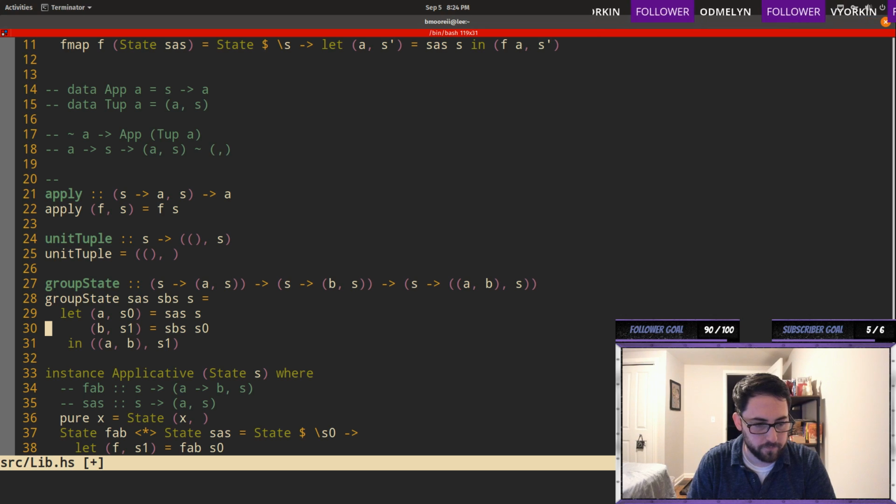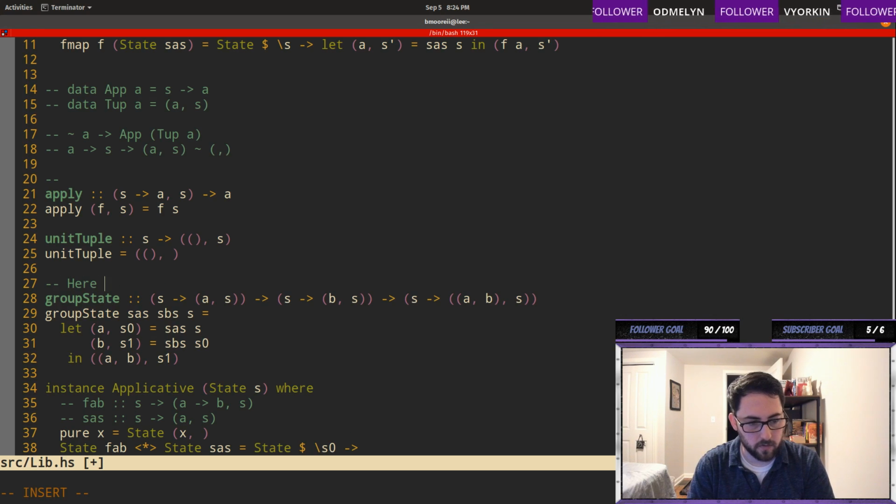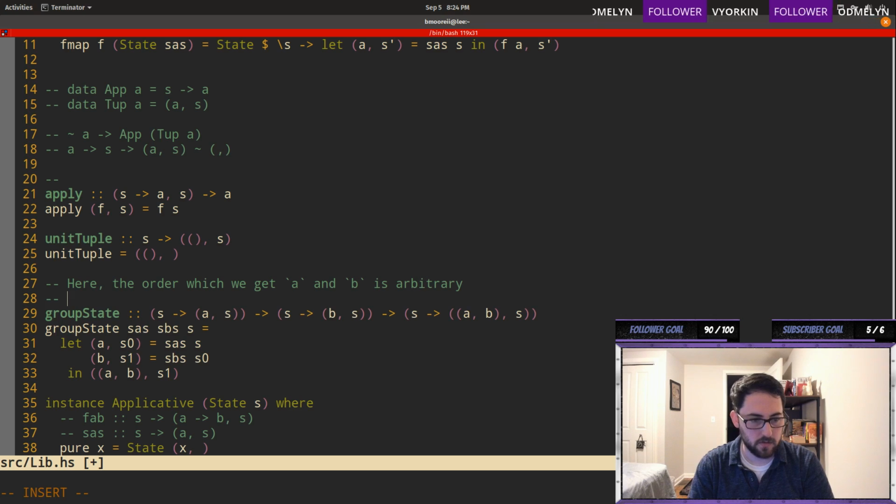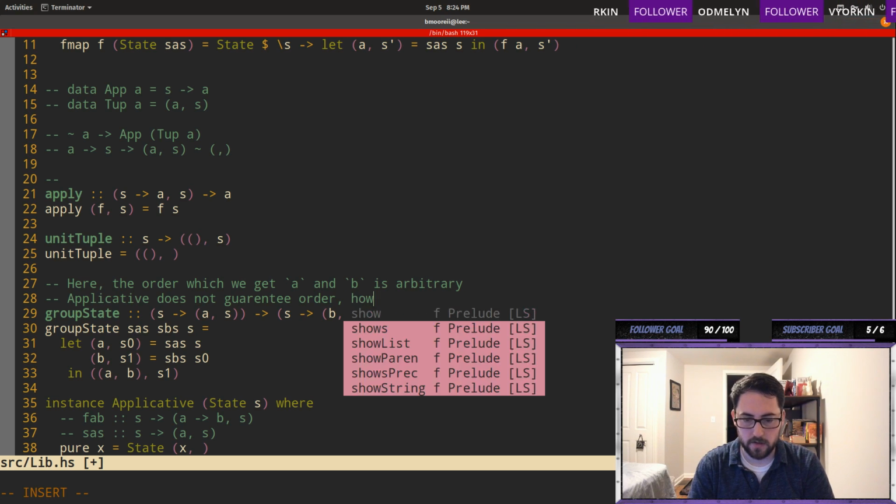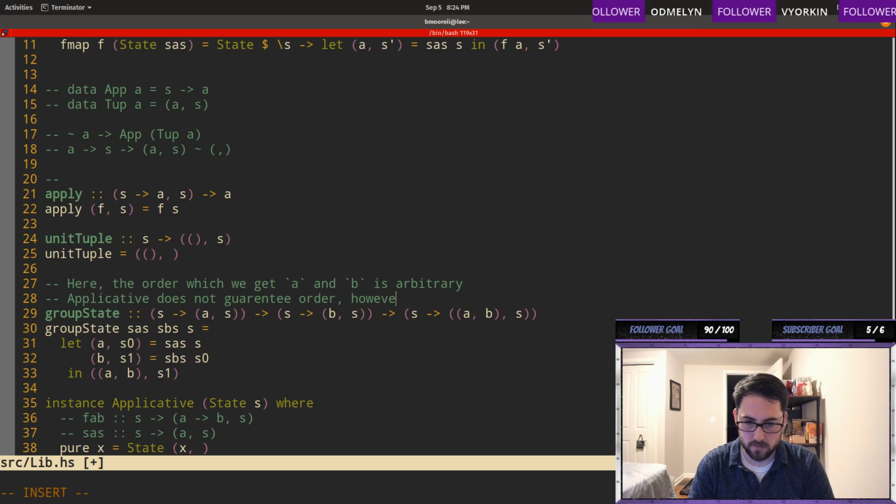Okay, so here, the order in which we get A and B is arbitrary. Applicative does not guarantee order. However, monad does.